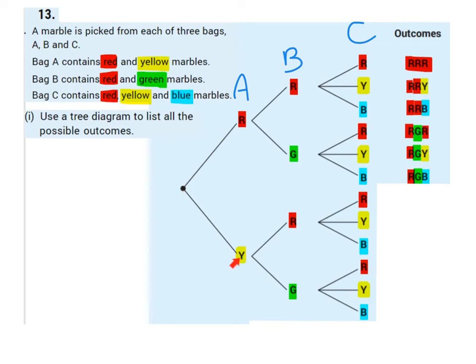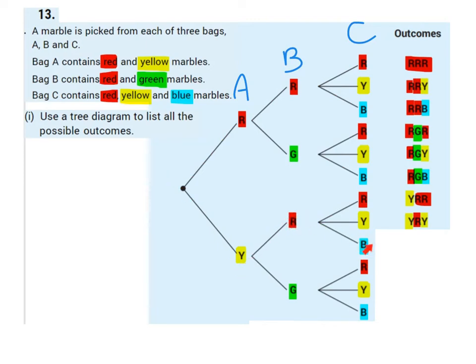So we could have chosen yellow from bag A, red from bag B, and then again we would have 3 possible outcomes for bag C. So yellow, red, red: YRR. We could have chosen yellow from A, red from B, and yellow from C. So YRY.